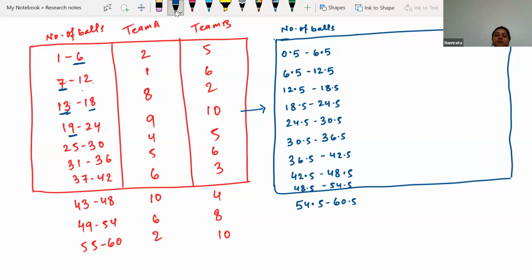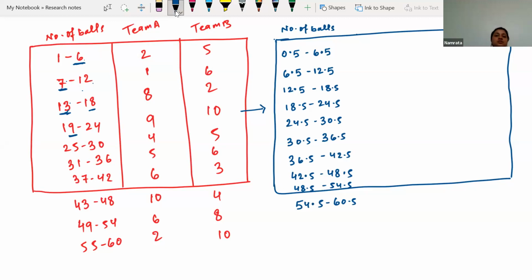Ma'am, how will we know when we have to subtract from the lower limit and add to the upper limit? Because usually when there's a gap, we just add to the upper limit, right? Yeah, but here we are subtracting also.